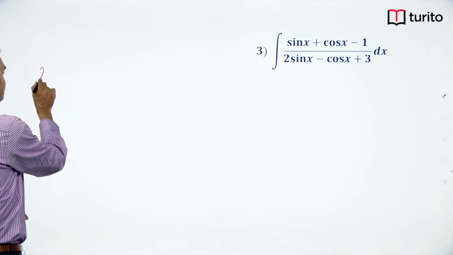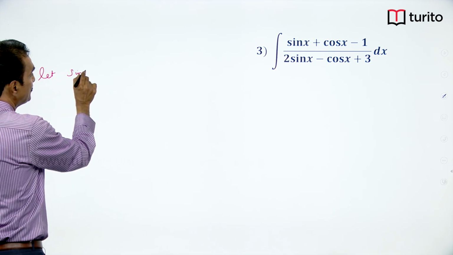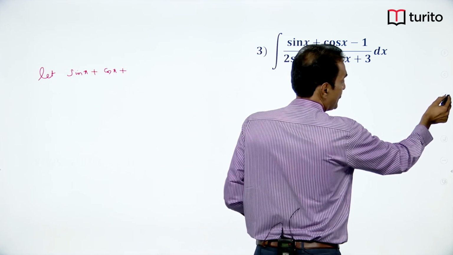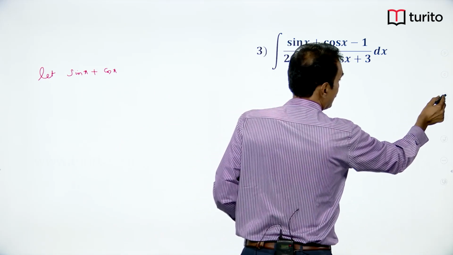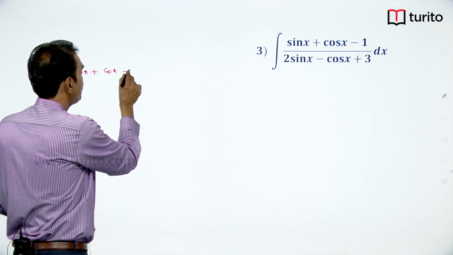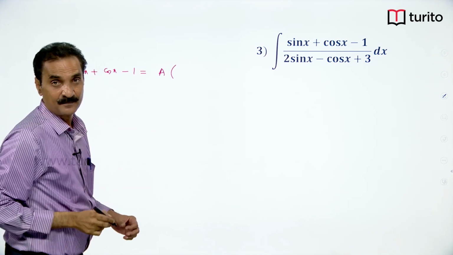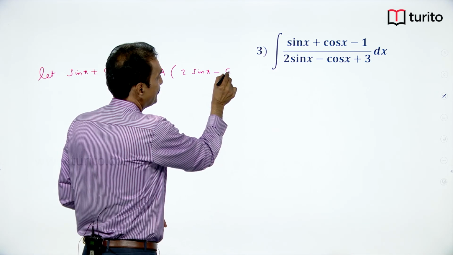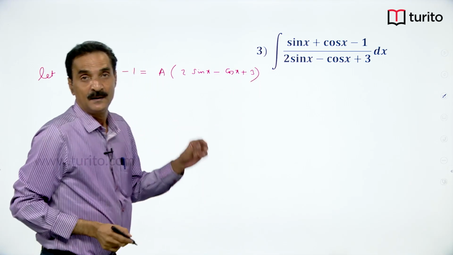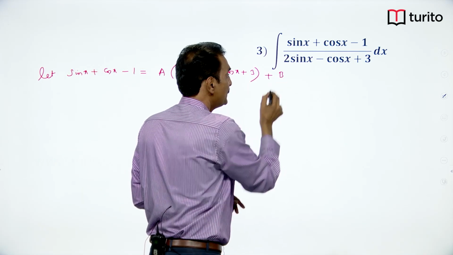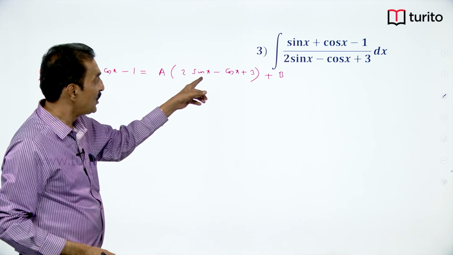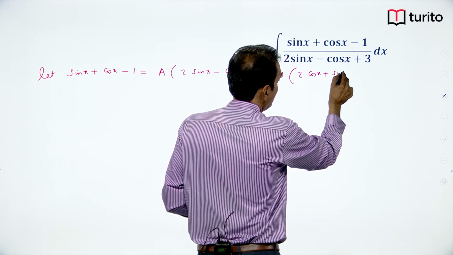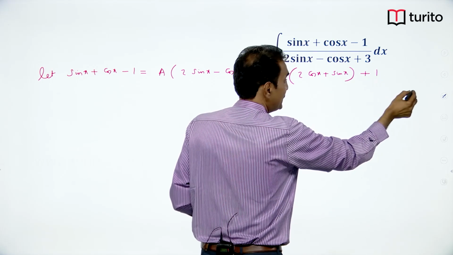We have to write the numerator as a into the denominator 2 sin x minus cos x plus 3, plus another constant b into the derivative of the denominator, what is it? 2 cos x plus sin x, plus another constant c.